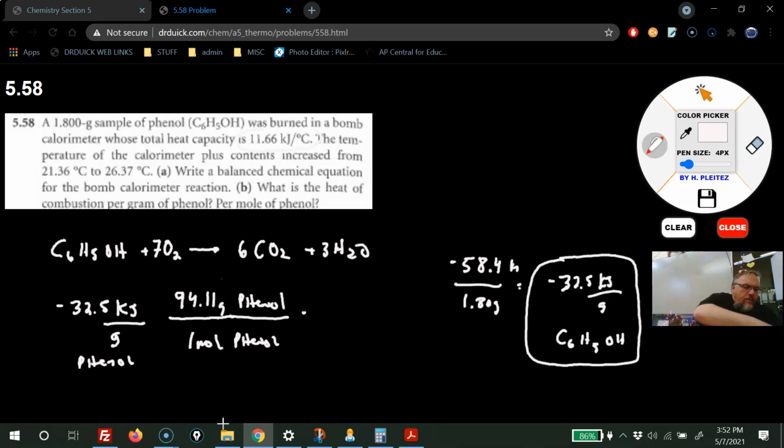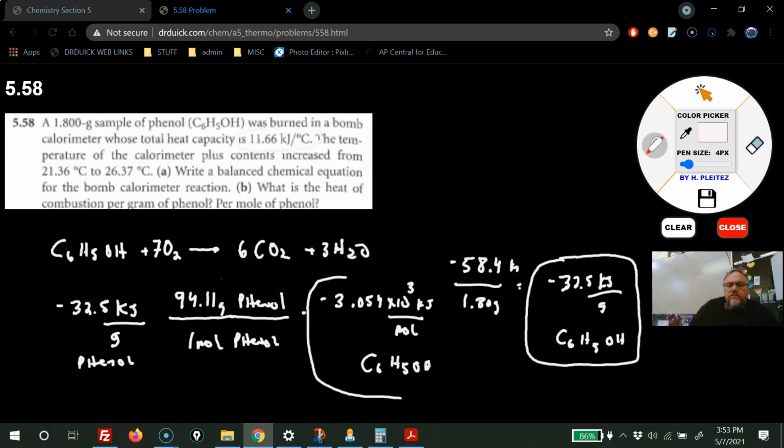Then you just multiply across, and you get a huge number: negative 3.054 times 10 to the 3 kilojoules per mole of phenol, which is C6H5OH.